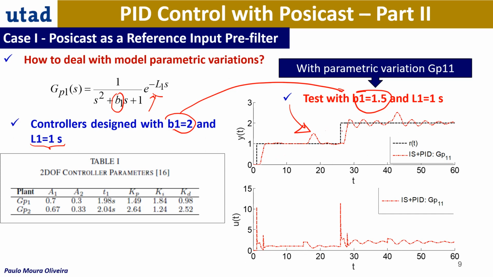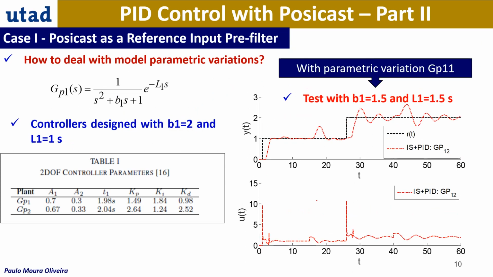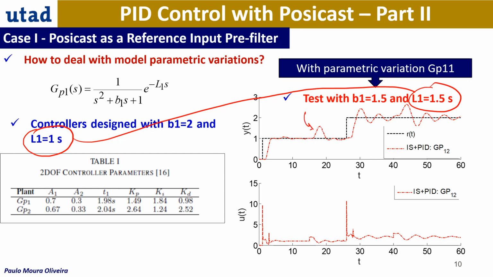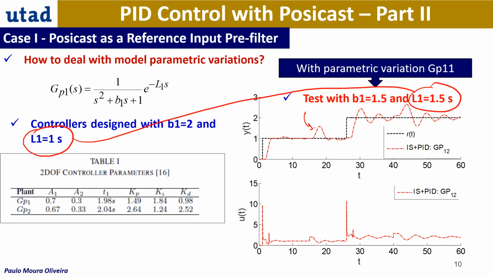So you can see that in the red plot, the system becomes very oscillatory. The same thing happens if you change the time delay. In this case, it was designed for 1 second, and we changed it to 1.5 seconds, and once more we got the system oscillatory, as you can see here.